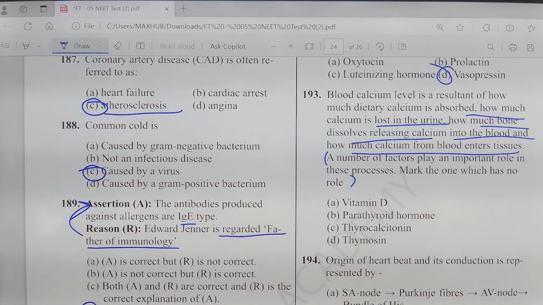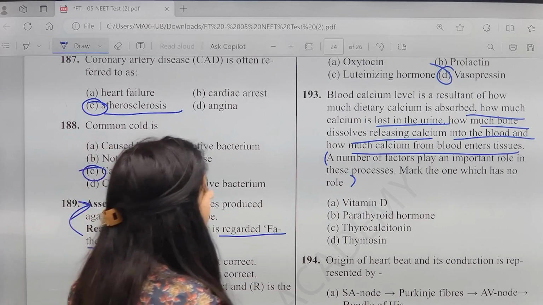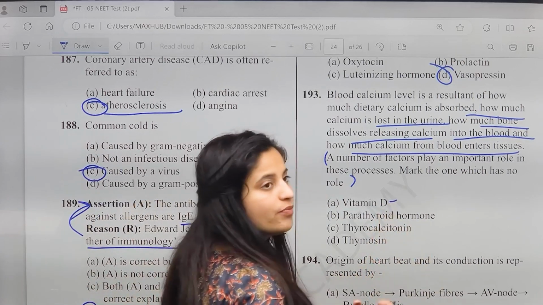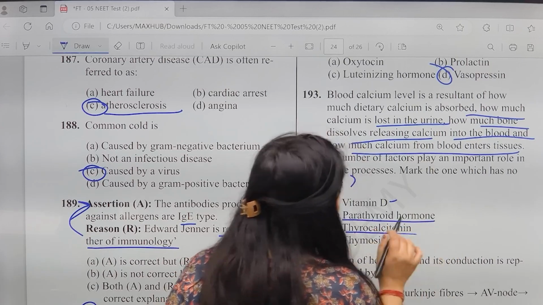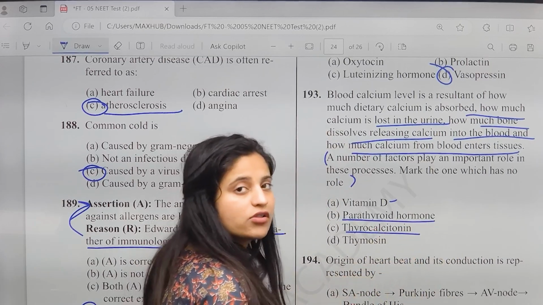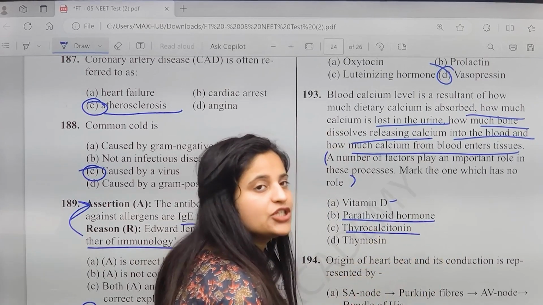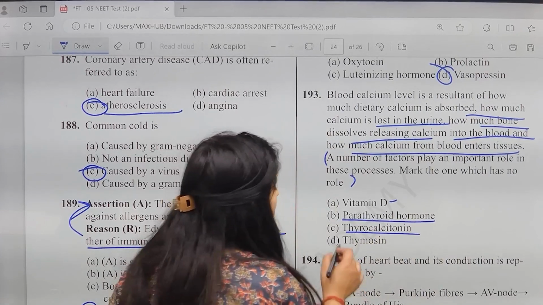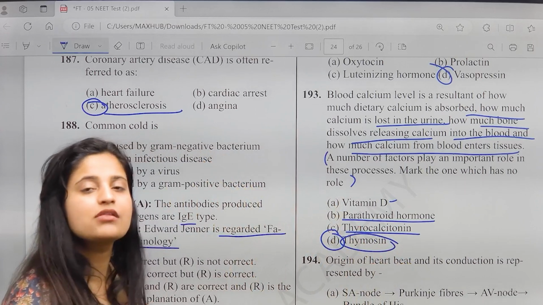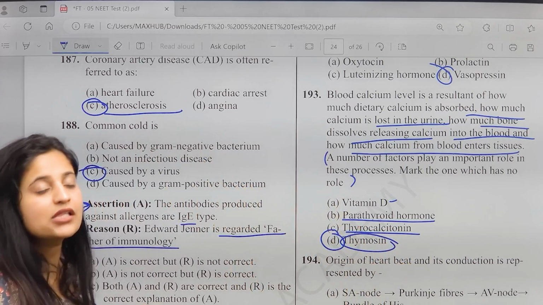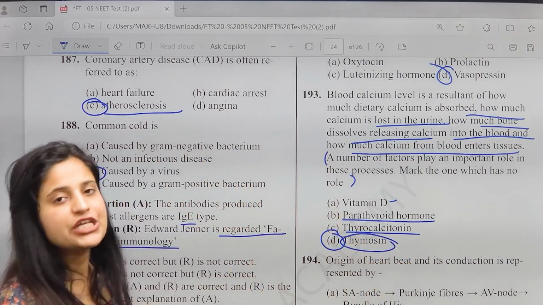See, vitamin D plays an important role because it absorbs calcium in the body. Parathyroid hormone and thyrocalcitonin are also responsible for the mineralization and demineralization of bone. Thymosin is not responsible for any of this process because thymosin's function is to mature and differentiate the T cells and B cells.